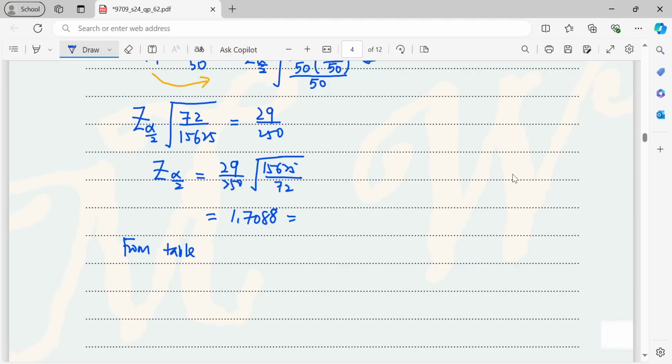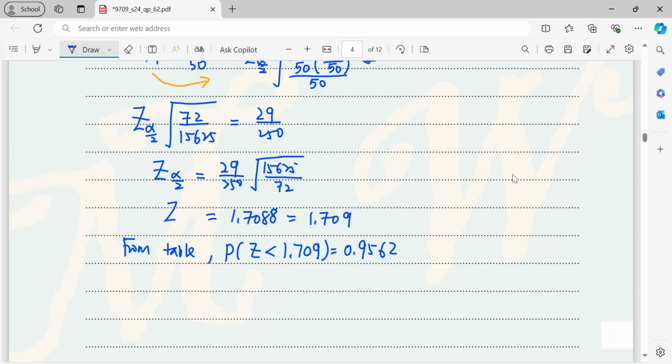Now, from the normal table, we will just read three decimal places, because of 1.7088, so I read 1.709. So from the table, I will write P(Z less than 1.709), that is 0.9562.